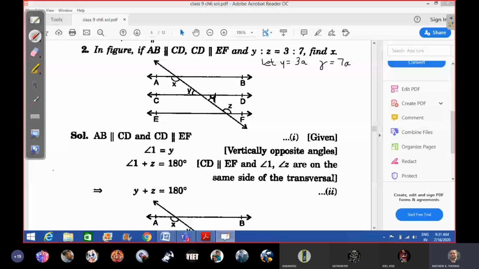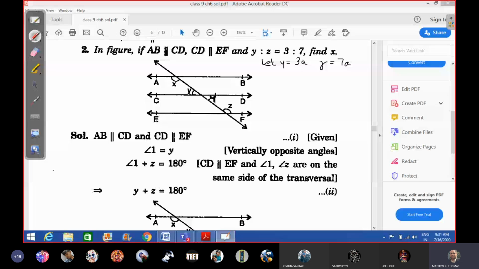No, these are not vertically opposite. They are interior angles on the same side of the transversal. So what are they called? Co-interior angles, also called consecutive interior angles.